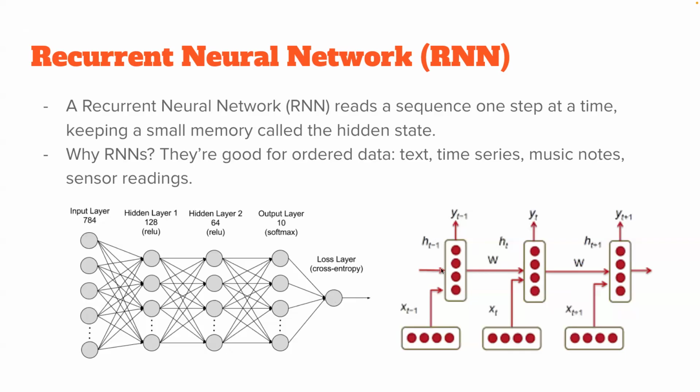If you look at every single step, what's really happening is that as you try to predict the next one, you have to provide the input, which is the current data or current word, and also the previous one, which comes from the previous layer.